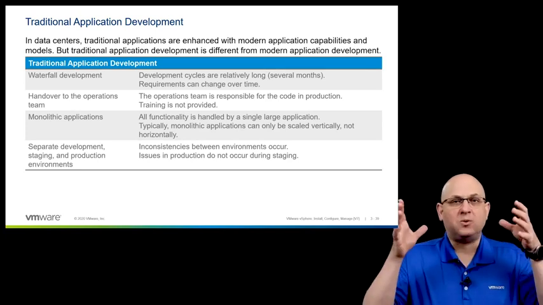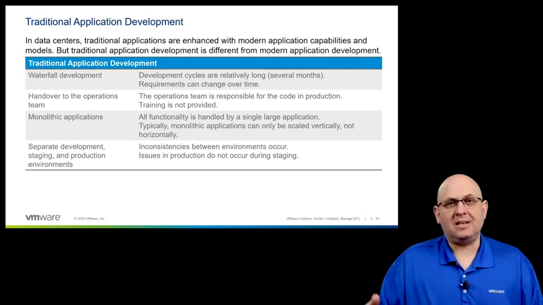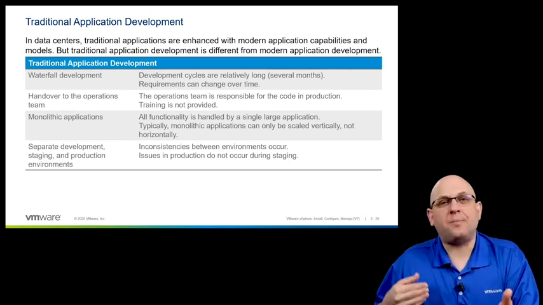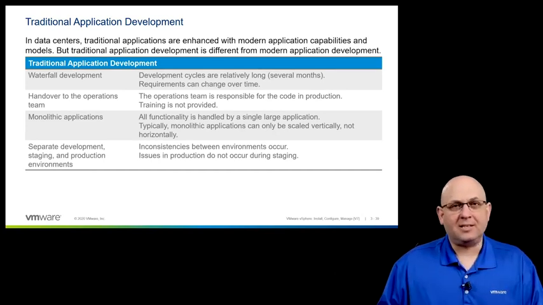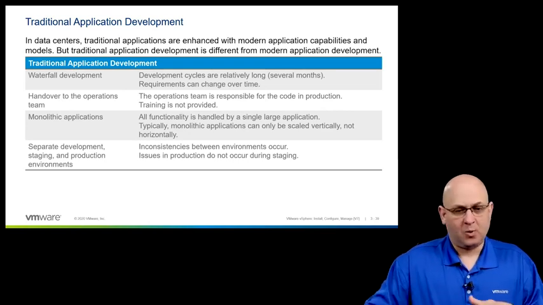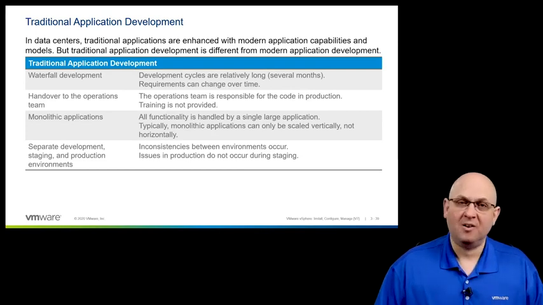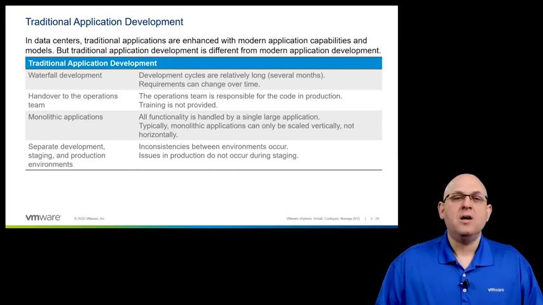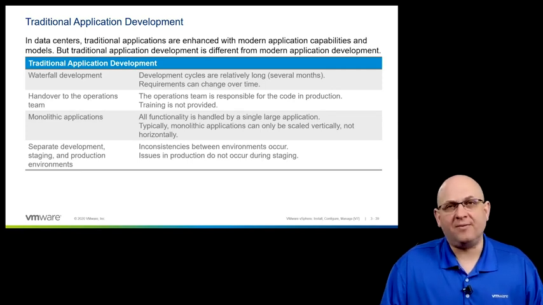It means it's one component. We install this application, and it does everything that we need. We may have a database behind it, but for the most part, all of the components of the application are built into one apparatus, maybe a virtual machine, for example.